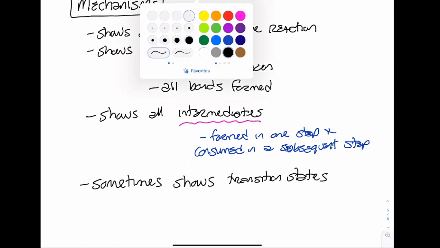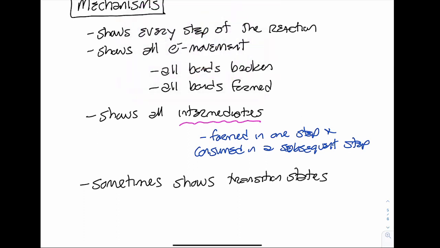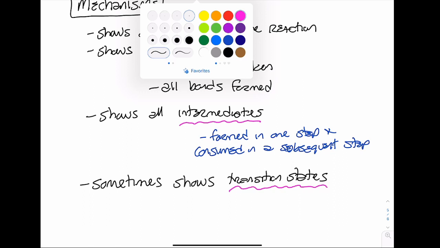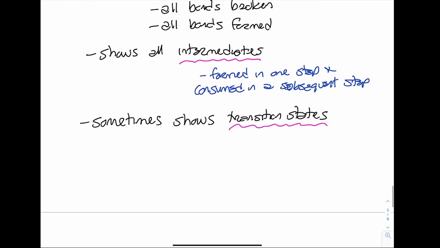And a transition state is the state where our bonds are partially formed and partially broken. So just as an example, if you were going from A and reacting it with BC and you were forming AC plus B, right? That's what we're forming.